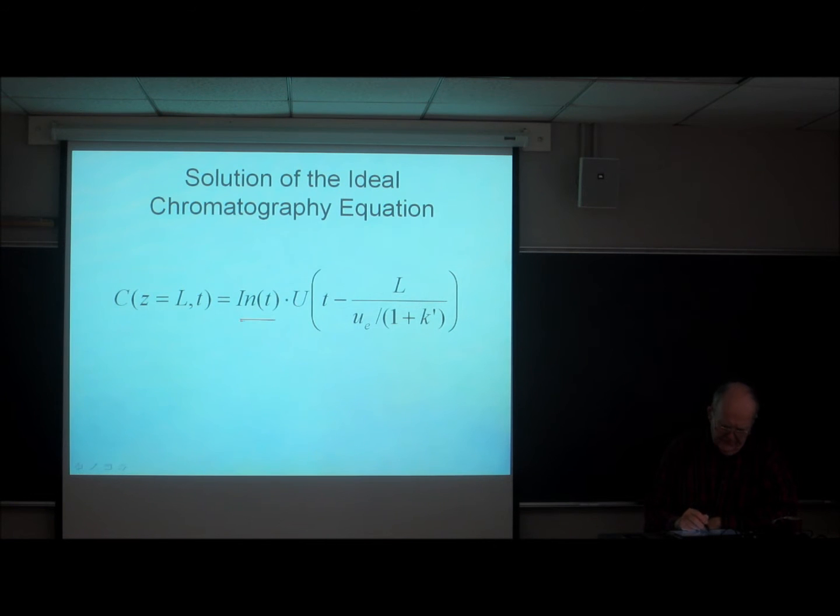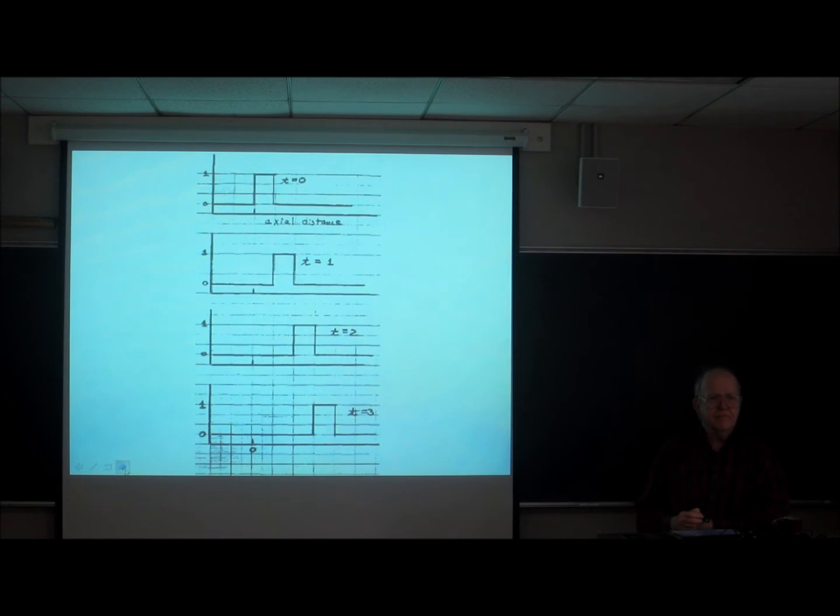So I'm going to assume that this is a pulse, a rectangular pulse. So here's what happens. This is the concentration. This is axial distance. There's my pulse function. And here's t equal to 0. There's a pulse at 0 time.